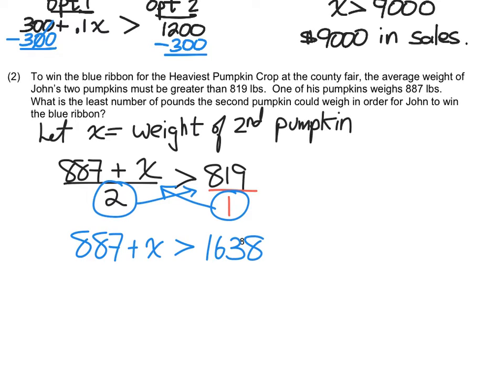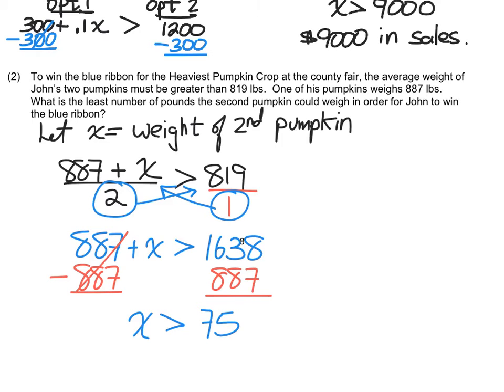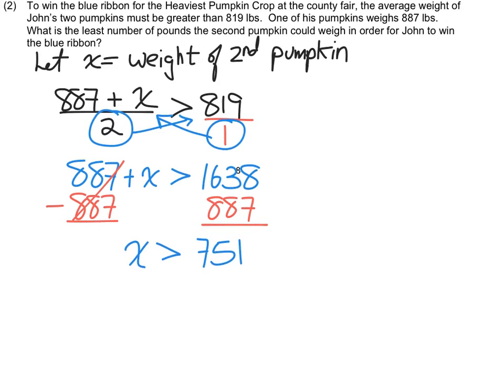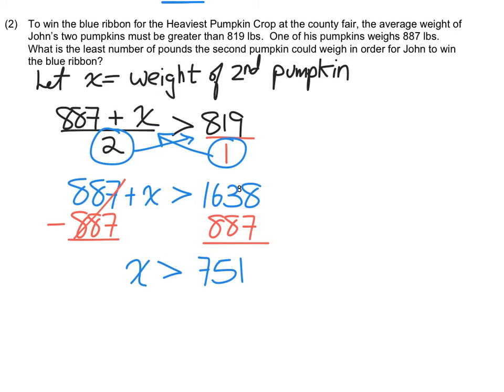All right. So now I'm going to solve by subtracting the 887. $751. So x is greater than 751, but it's a word problem, so I want to represent my answer in words.